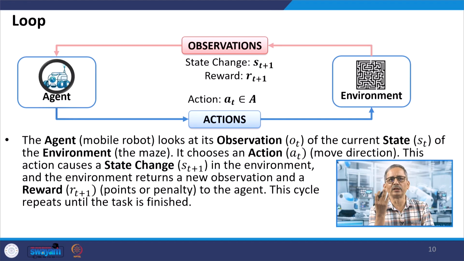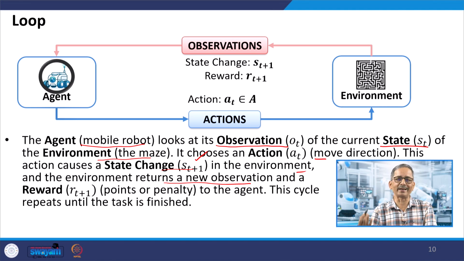Then next is the loop. You see the agent, that is the mobile robot, looks at its observation of the current state of the environment, which is the maze in this case. Now it chooses an action, that is the move direction. This action causes a state change, so you have the state S t plus 1 at time t plus 1 in the environment, and the environment returns a new observation.